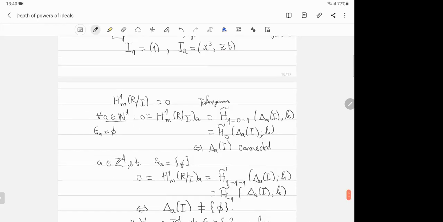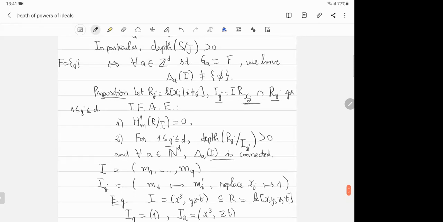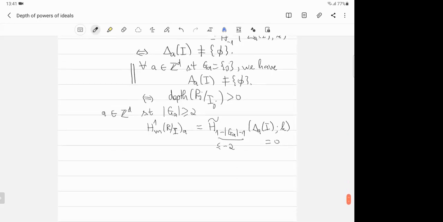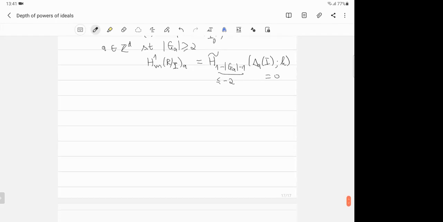So that's why in this condition you only need these 2 conditions. So finally I can state the condition for depth at least 2 for unmixed monomial ideals.